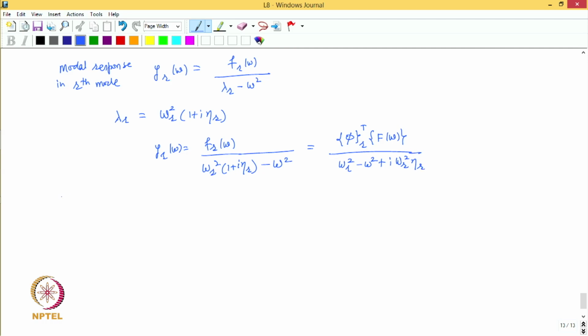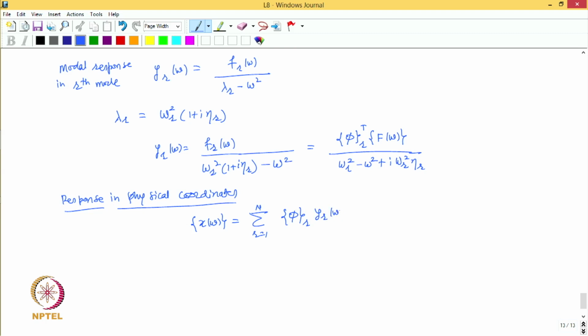And therefore, now we can find the response in physical coordinates. This is the modal response we have got, y r omega. Now we can obtain the physical response x omega, which we can write as the sum of r varying from 1 to n, the rth eigenvector multiplied by the rth modal response.